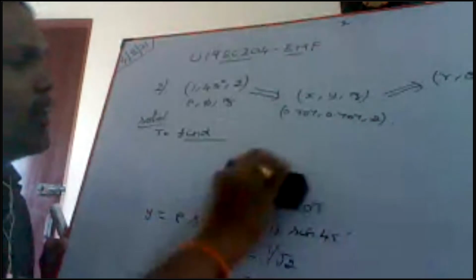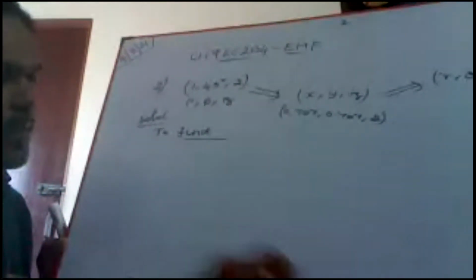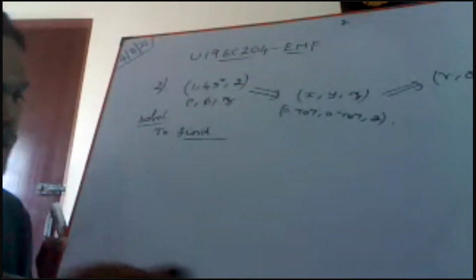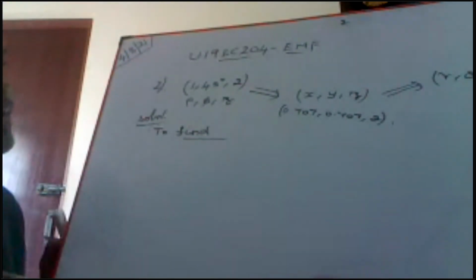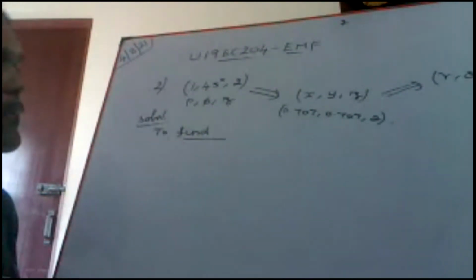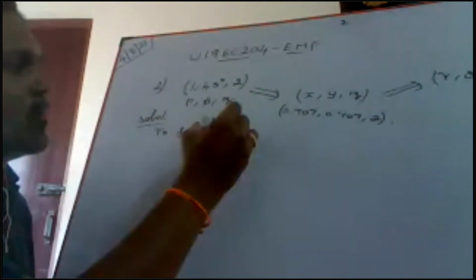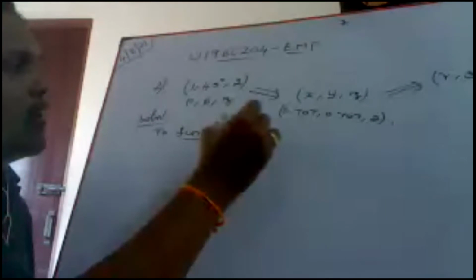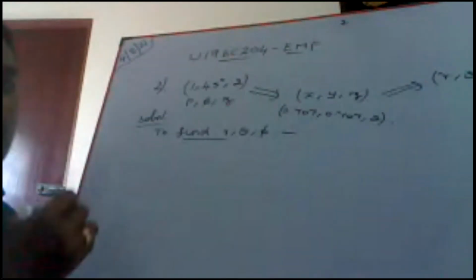Okay, thank you. Write it down. Very simple thing. Copy it, because we are going to work out sample problems, not all the problems. So now we are going to find the spherical coordinates r, theta, and phi.